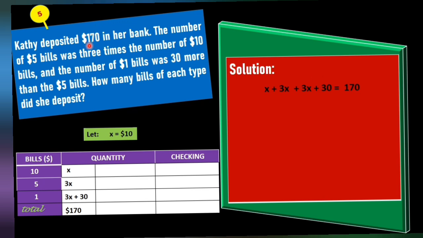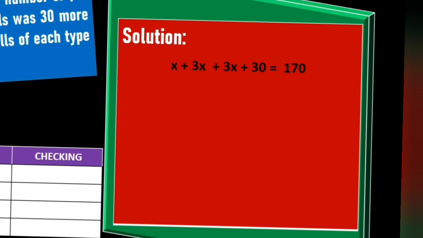Since given the total value of the 3 bills, let's put the value. This is 10x. $5 bill is 3x. So this is the value. And this is the $1 bill. So this is the value.